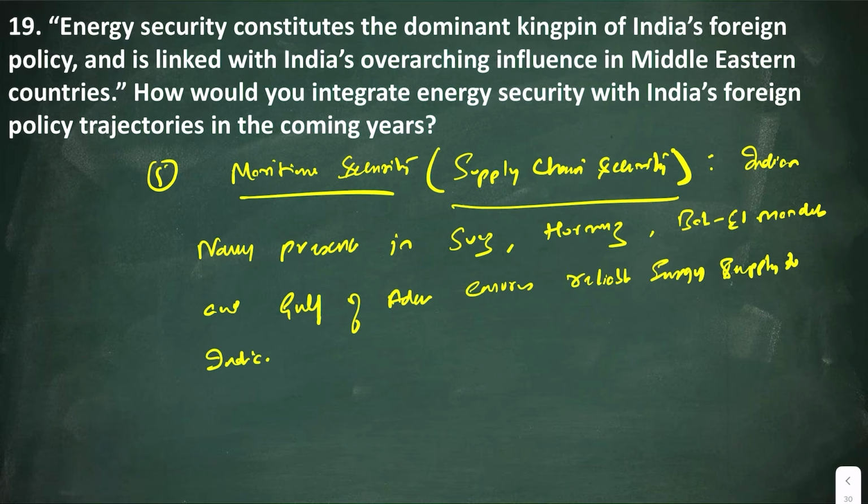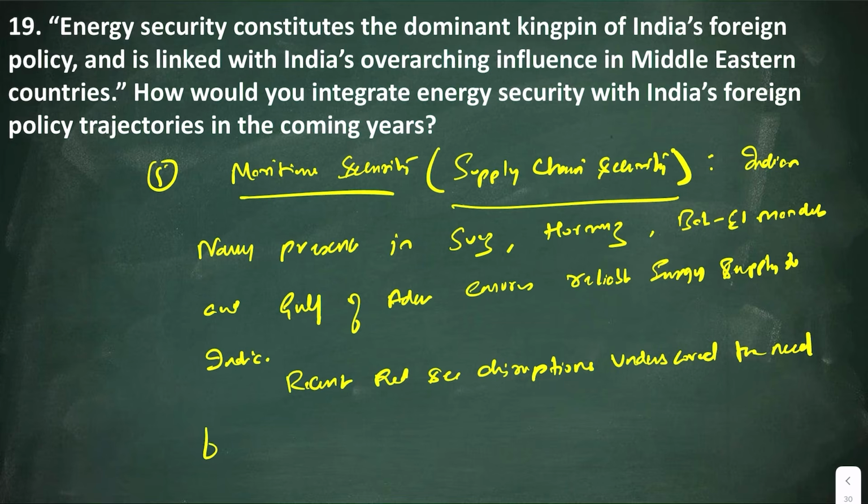Next paragraph you can write recent Red Sea disruptions underscored the need for convoying and cooperative security with the Gulf navies.